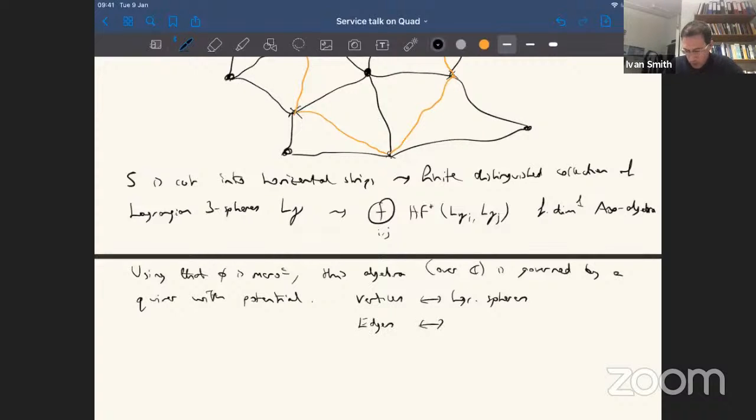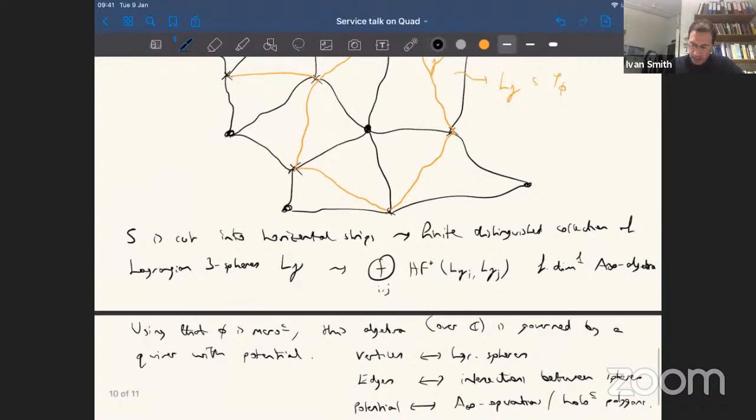The edges in the quiver record the intersections between the spheres. Okay, and then there are the terms in this potential on the quiver. This is a word in cyclically oriented edges, a cyclic word on the quiver. These record the A infinity operations, or the holomorphic polygons which contribute to the Floer theory.